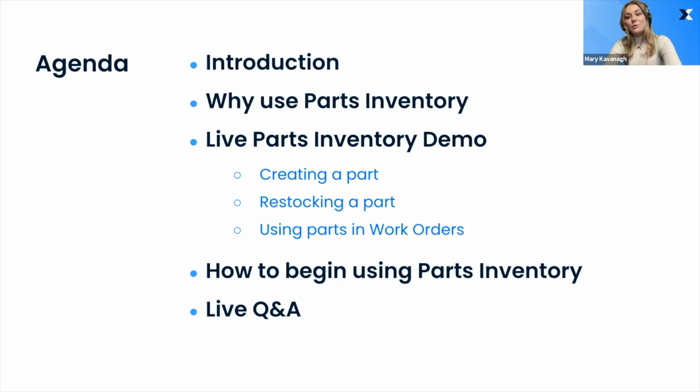So we'll make sure that you have a visual on that. If you've not seen it before, it'll become very clear. And then we'll discuss a little bit how to begin using parts inventory. So that would be both, how do you get going in the first place? And then how do you start actioning parts inventory? How do you get those insights that you're ultimately looking for from your parts? And then, like I say, we've got our live Q&A, so make sure to stick around for that section as well.